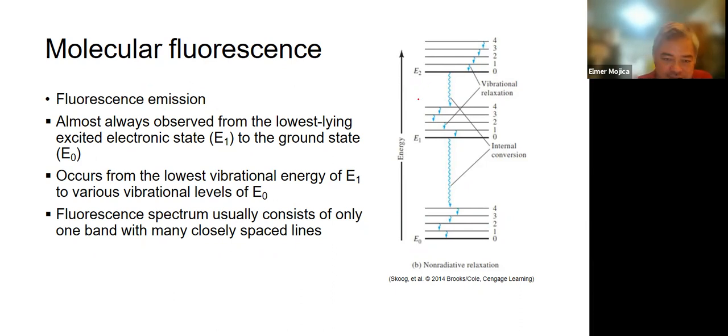And it occurs from the lowest vibrational energy of the first excited state to various vibrational levels of the ground state. The fluorescence spectrum usually consists of only one band with many closely spaced lines.